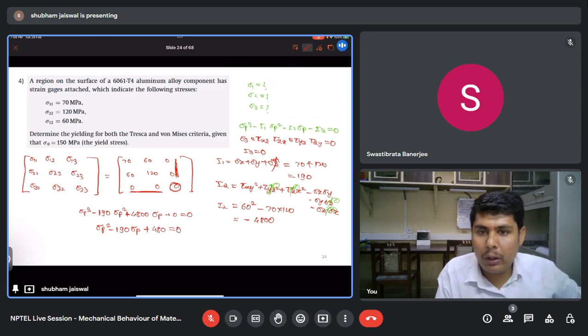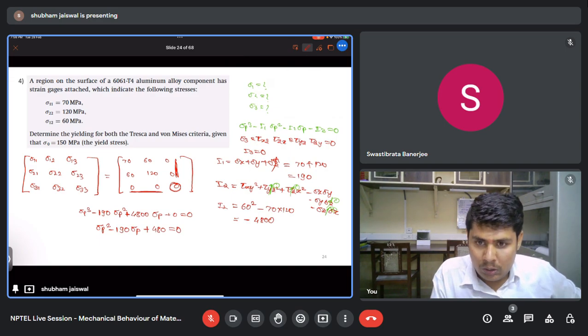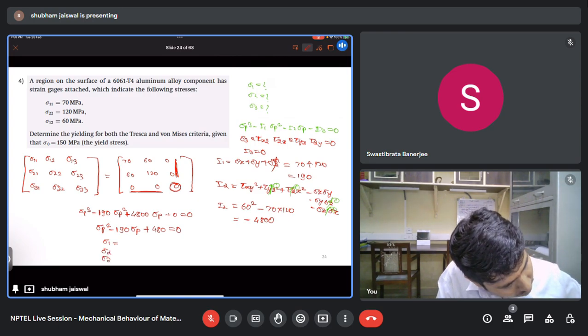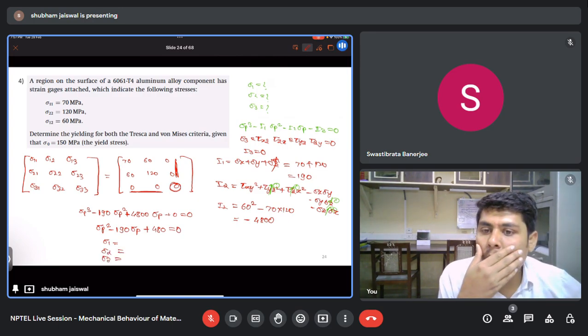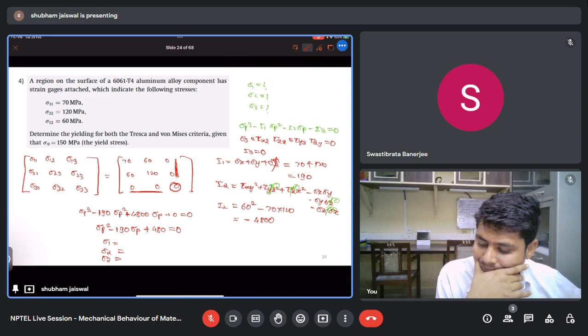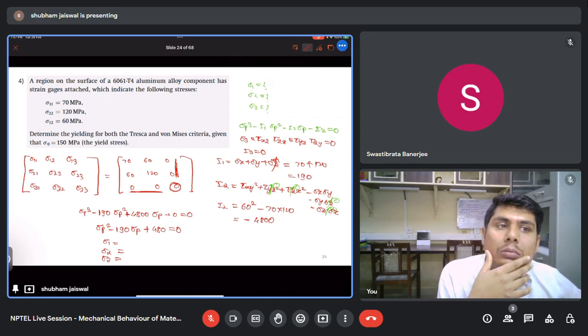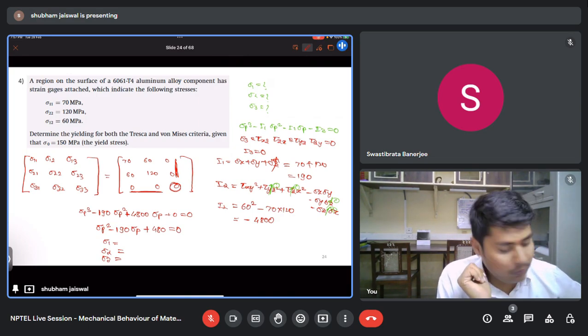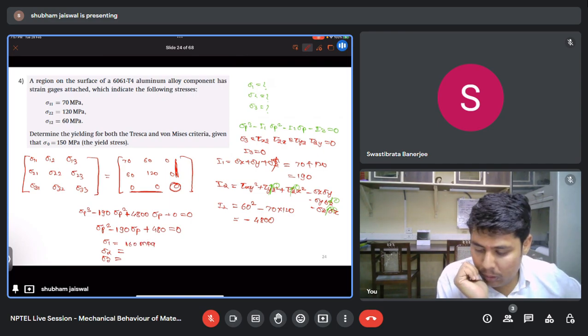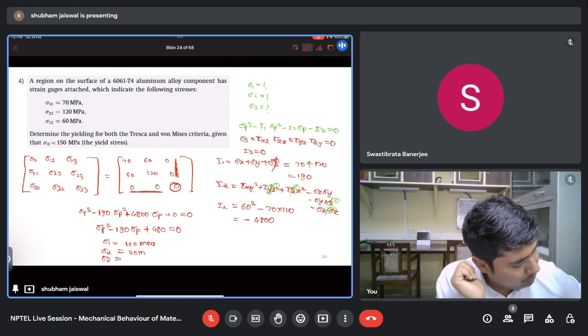Now this is just a simple quadratic equation. You can solve and you will get the roots. Tell me the roots. So sigma 1 will be 160 MPa, sigma 2 will be 30 MPa and sigma 3 will be 0 MPa.